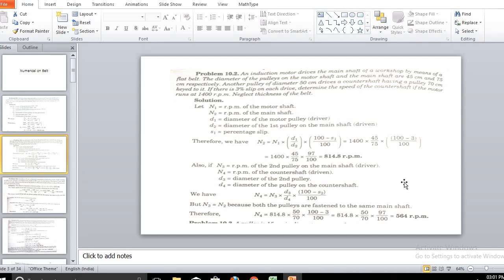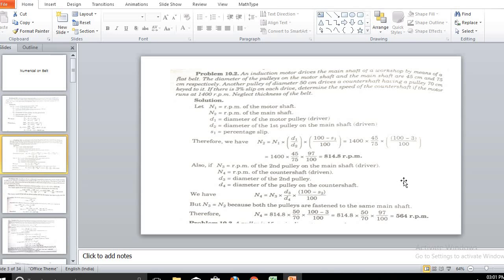This is an example based on the compound belt drive. There are three shafts: the motor shaft, the main shaft, and the third one is the counter shaft. On the second shaft there are two pulleys, having speeds N2 and N3.